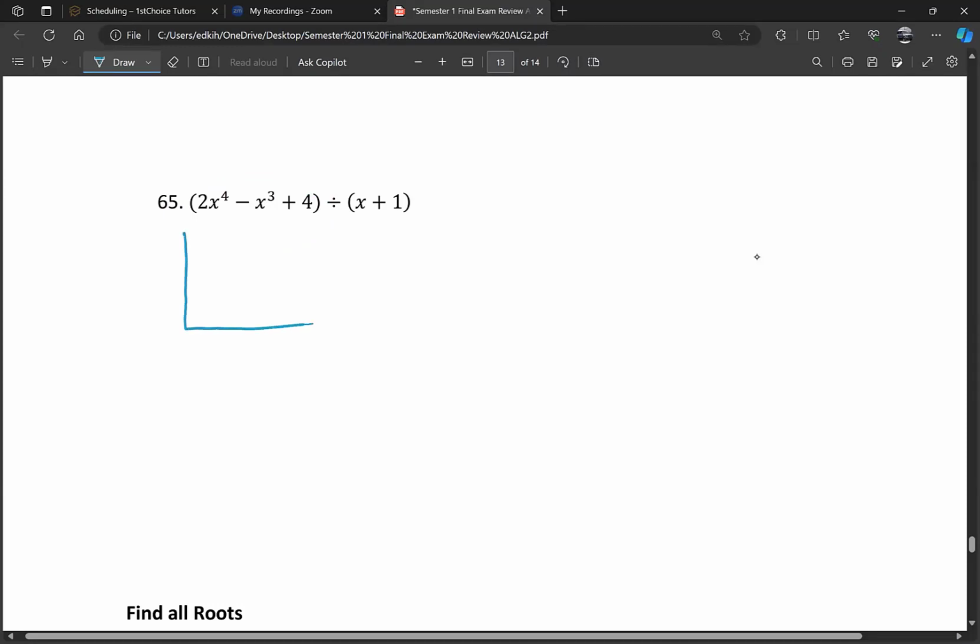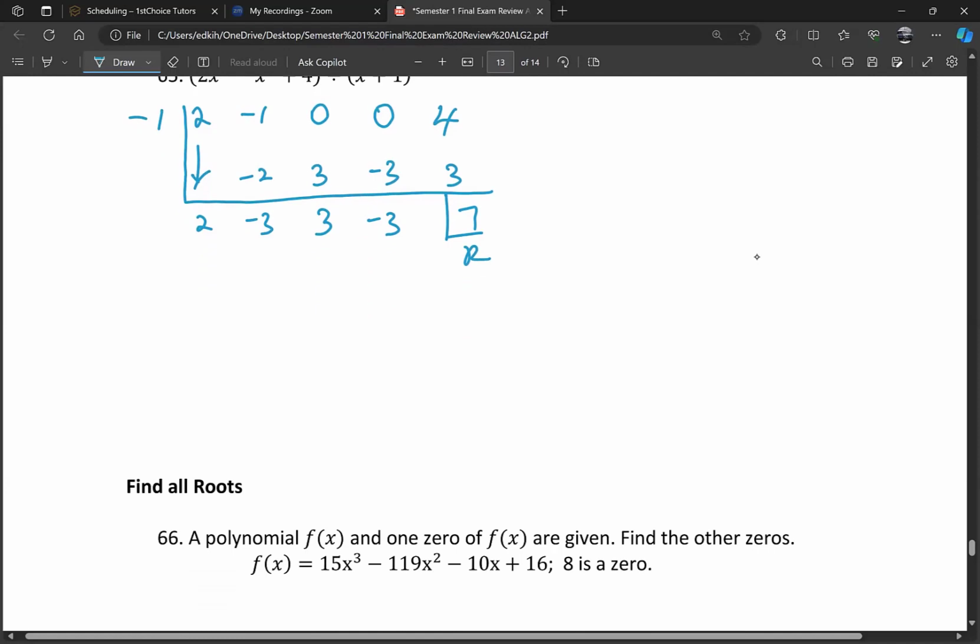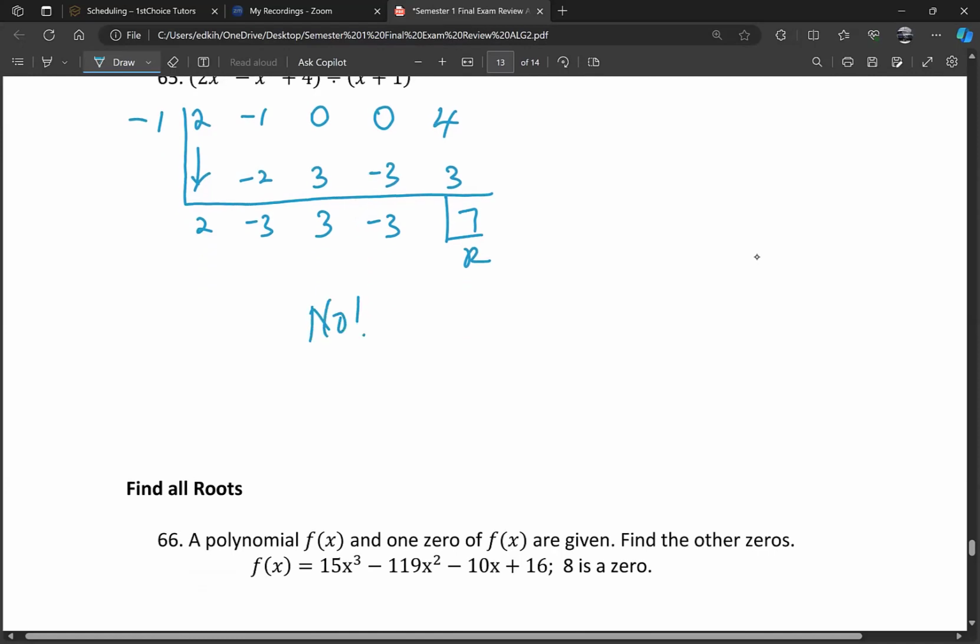Just as a reminder, -1. So we have a 2 and -1. We're missing x to the second, so I'm going to put a placeholder. We're missing x to the power of 1, putting a placeholder. And then we do have a constant as a 4. So drop down to 2, multiply, add these guys. -3. Oh, yeah, this becomes a -3. -1 times -3 is a +3. The remainder here is a 7. So this is no, not.